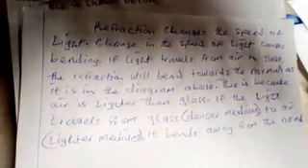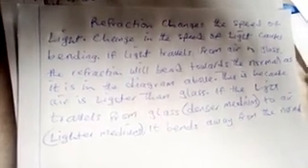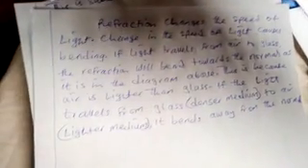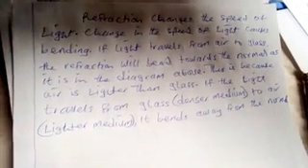So if light travels from air to glass, it will bend towards the normal, as in the diagram above. This is because air is lighter than glass.